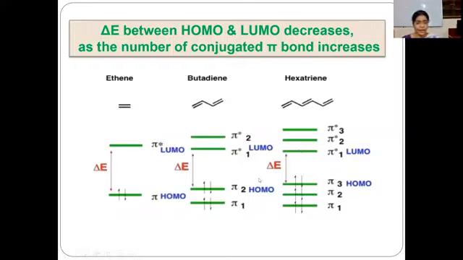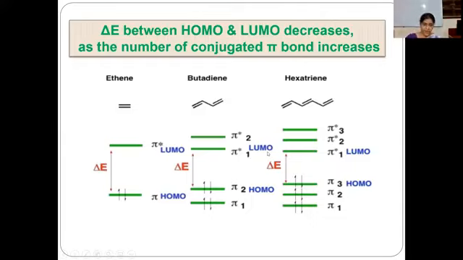This is another diagram which shows the energy difference between the HOMO and LUMO decreases as the number of conjugated double bonds increases. For ethene, it is maximum. For butadiene, it is less. And for hexatriene, it is very small. So from ethene to hexatriene, the value of lambda max increases.